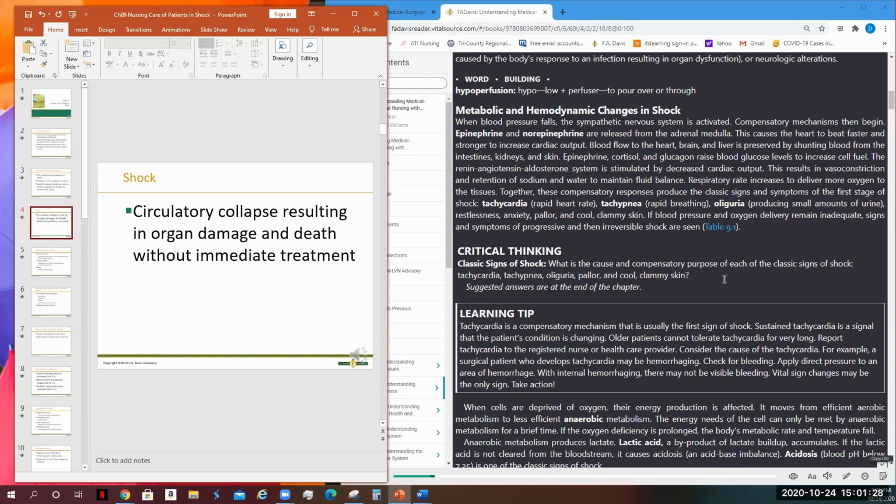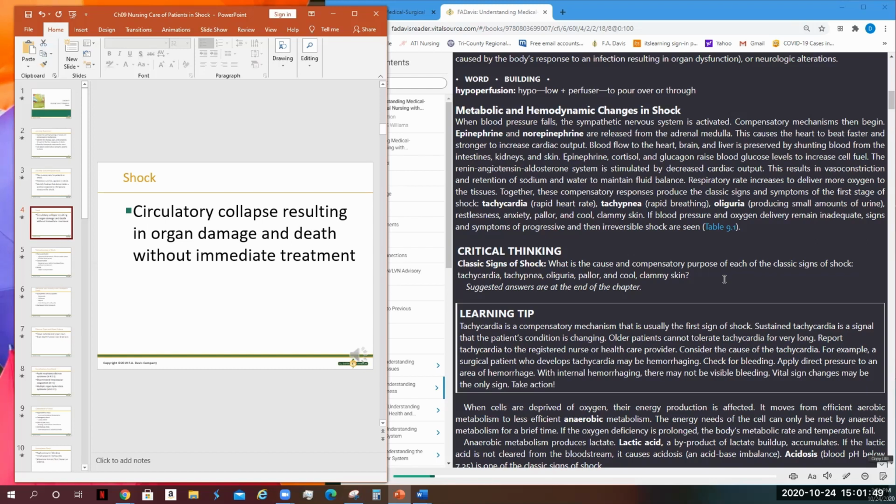Blood flow to the heart, brain, and liver is preserved by shunting blood from the intestines, kidneys, and skin. Epinephrine, cortisol, and glucagon raise blood glucose levels to increase the cell fuel.